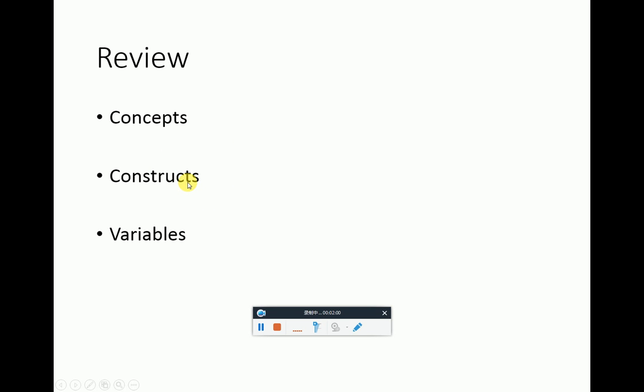Constructs, they're also concepts, right? Concept is a broader notion, whereas construct is a subclass of concepts, right?